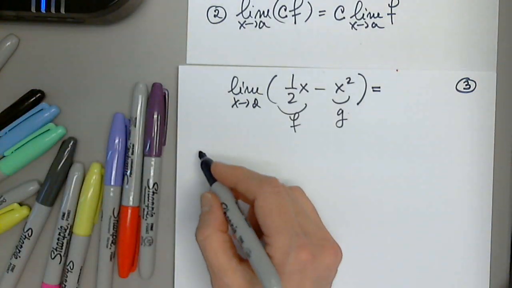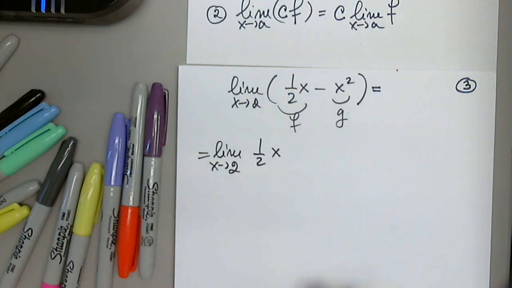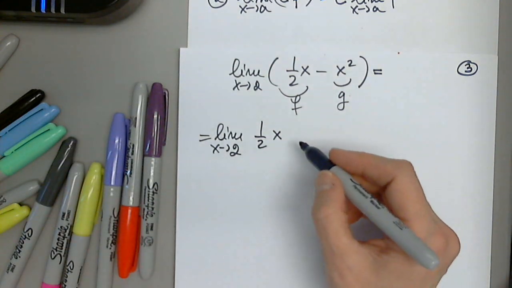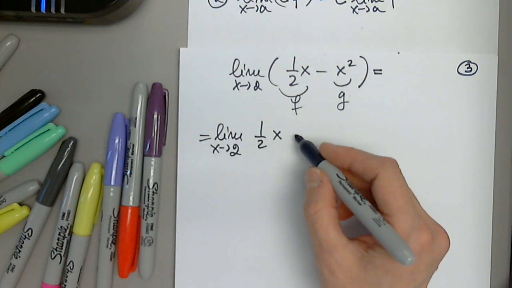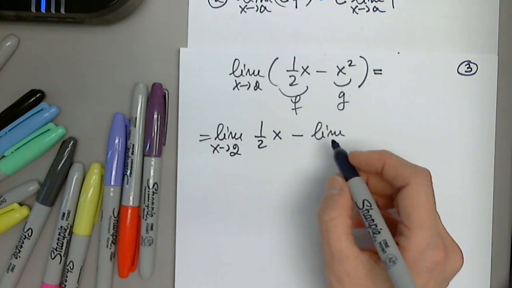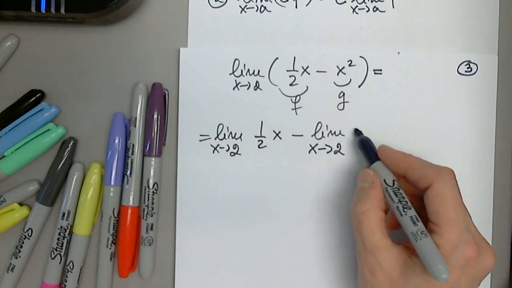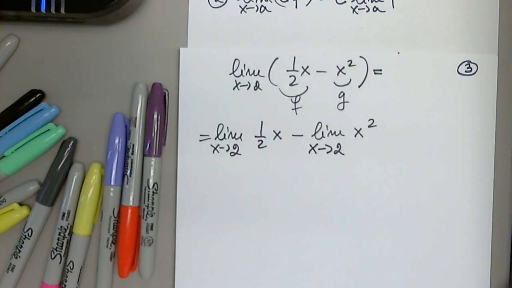So therefore, I can write the limit as x approaches 2 of 1/2 x, minus the limit as x approaches 2 from either side of x squared. Can I apply the limit law? Only if this limit exists and if this limit exists. Otherwise, I can't. What is the limit of the first one?